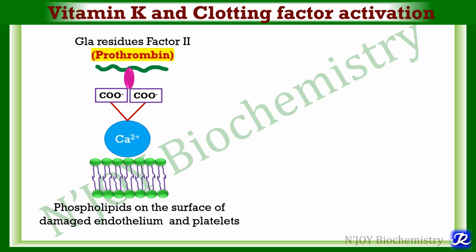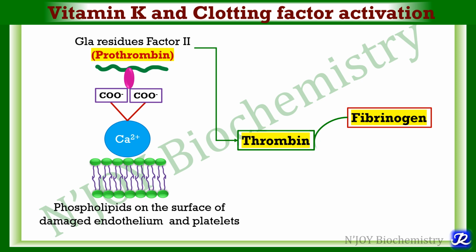Now this prothrombin calcium complex binds to negatively charged phospholipids present on the membrane surface of platelets, and after binding of this complex to the phospholipid on the platelets, the prothrombin is converted to thrombin, and this thrombin in turn converts fibrinogen to fibrin, and thus it is involved in clot formation during bleeding.